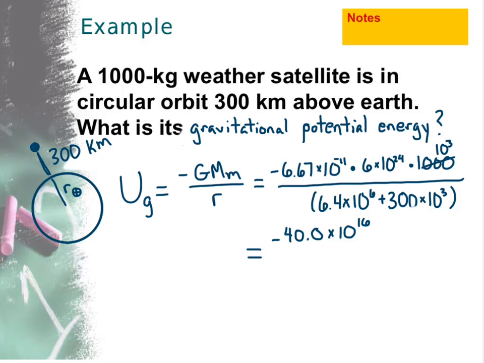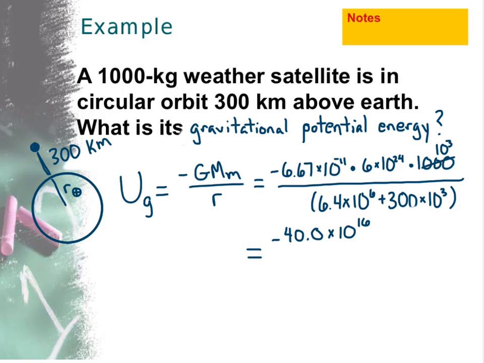One way to do that is to multiply the numbers out front, 6.67 and 6. When I multiply the numbers out in front, I get negative 40.0. And then, with scientific notation, you can just add these exponents. So if I take negative 11 plus 24 plus 3, that's negative 11 plus 27. 24 plus 3 is 27. Negative 11 plus 27 turns out to be plus 16. So my exponent in my scientific notation would be 10 to the 16.